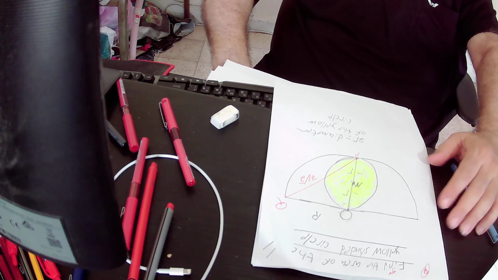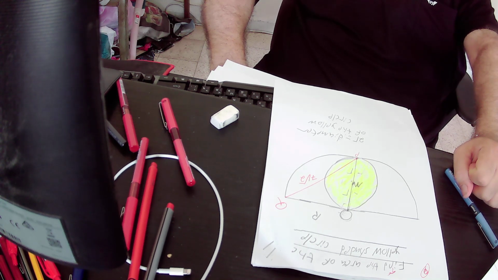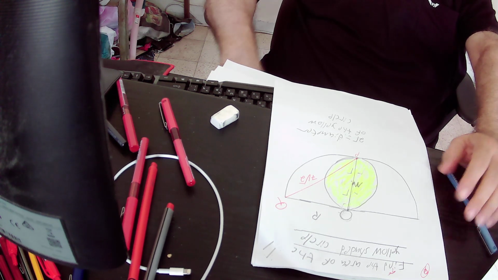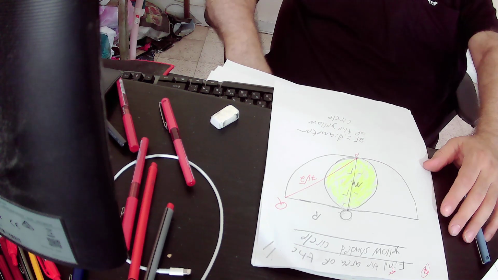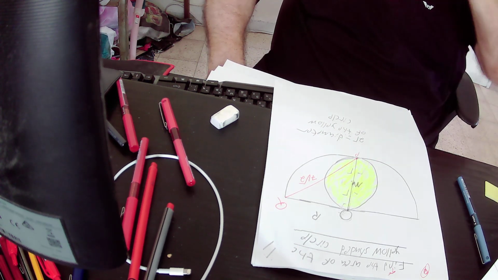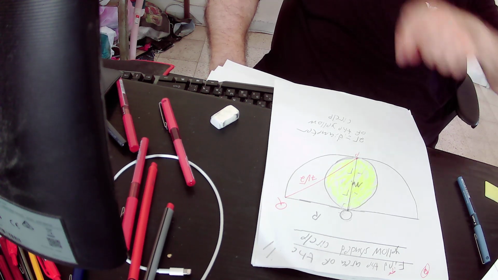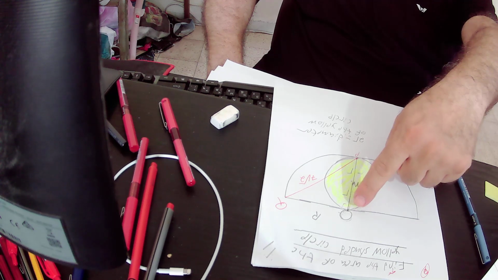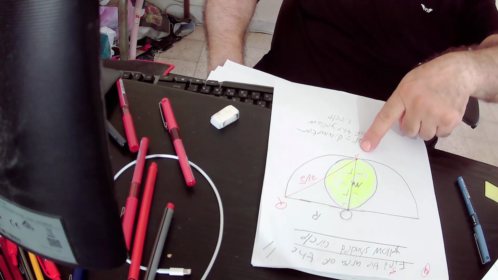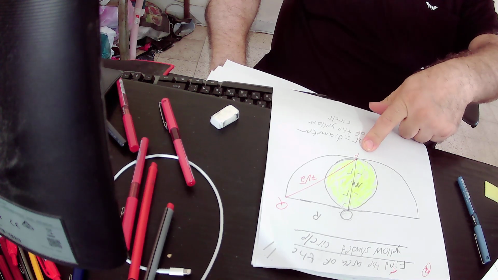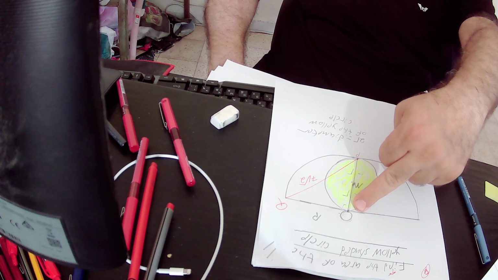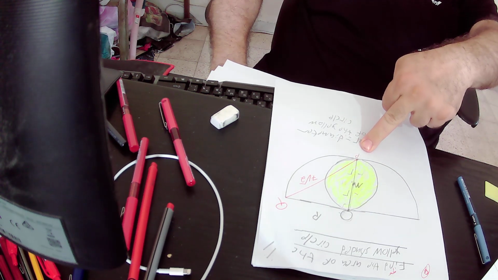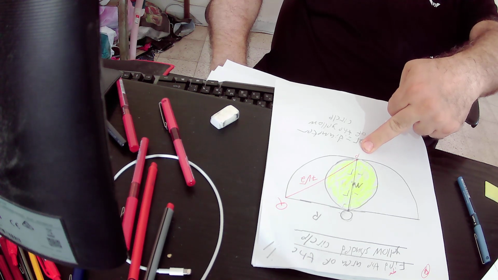Okay, now because PMO is a straight line, and O is the center of the semicircle, we have OP, a straight line that starts from the center of the semicircle and ends at point P, which is also a point on the semicircle.